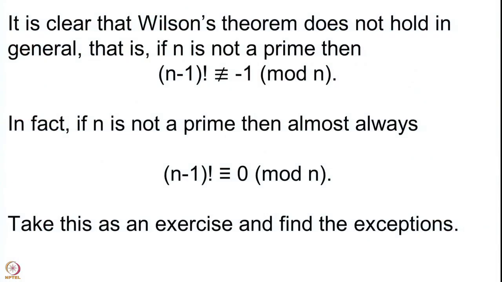So, I will now give this to you as an exercise. I will not give you the solution, neither will I give you any hint to solve this problem. Take this as an exercise and find the exceptions. By exceptions I mean the situations where you do not have it to be 0 mod n. So, almost always is not the same as always.